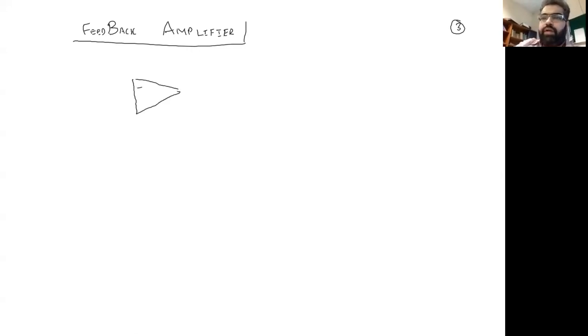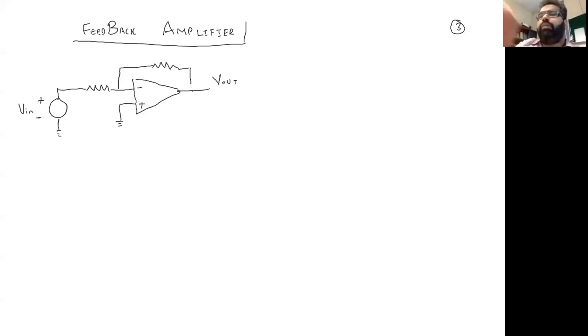We have a polarity. We have the output here, and this one is grounded, and we have the input. It's a voltage, and we have a resistive feedback, the same which we have seen in the last lectures. It's a voltage to voltage feedback, meaning shunt series connection. Sensing is shunt and the feedback return path is series.